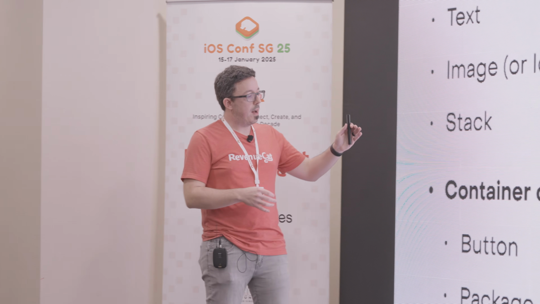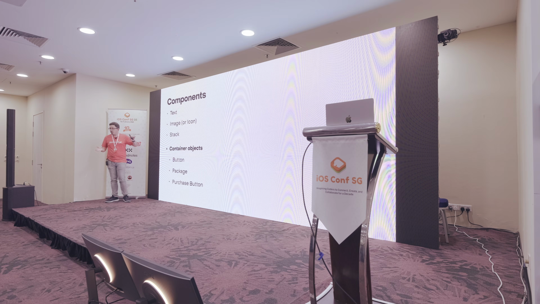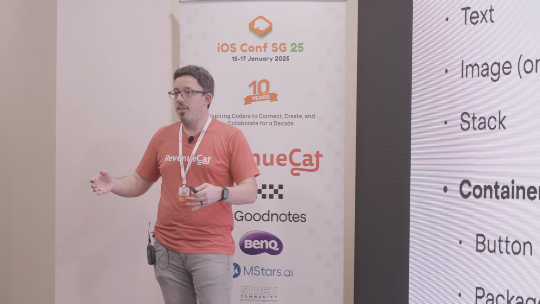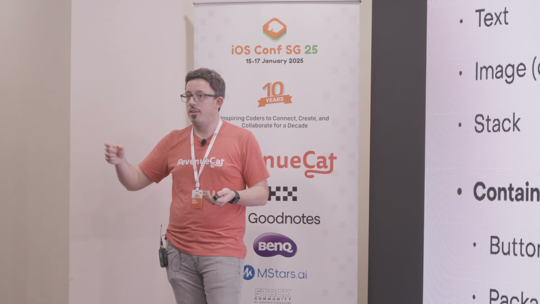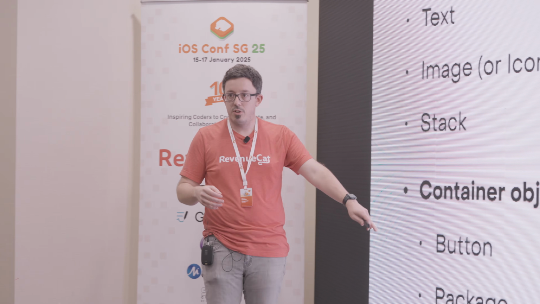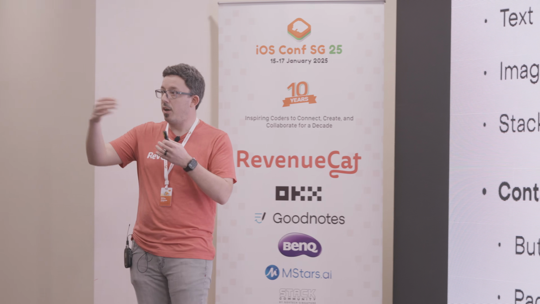There's also objects that we call container objects. And these actually are also stacks. They're just special stacks. So a button is a stack that you can define an action on. So right now, with buttons, you can open a URL, you can deep link to somewhere else inside of your app, something like that. There's also a package, which is the actual products that you can buy on a paywall.